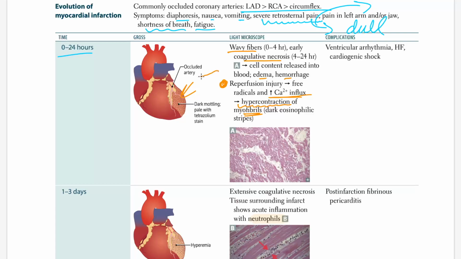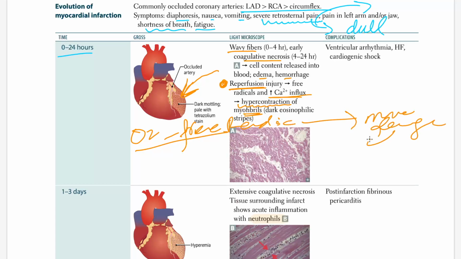But if the oxygen returns here, it will cause a reperfusion injury, in which case that oxygen will form free radicals when it deals with the dead tissue. Those free radicals will cause more damage to the myocardium and will increase the CK-MB more, which is a protein that comes out of the skeletal muscles and also the myocardial muscles.